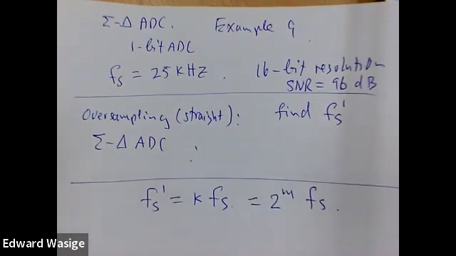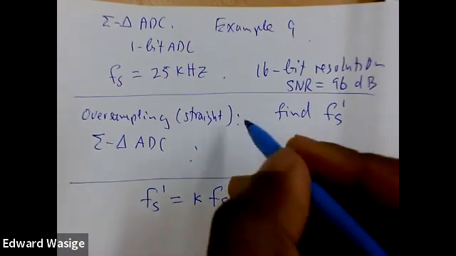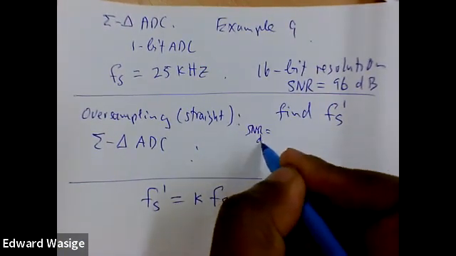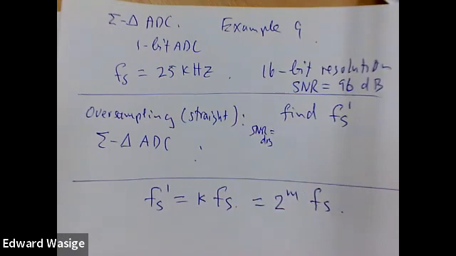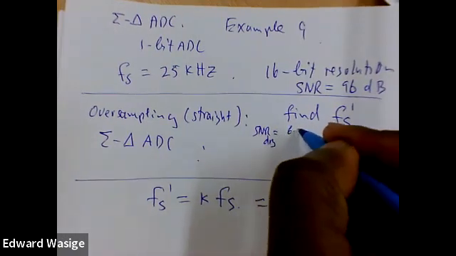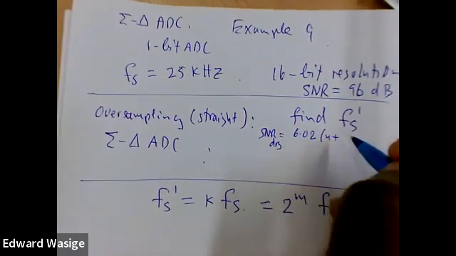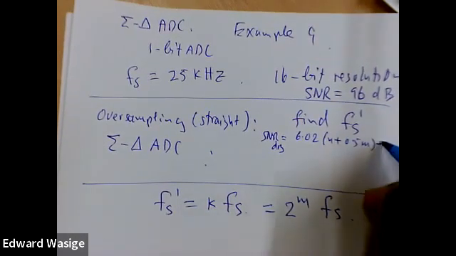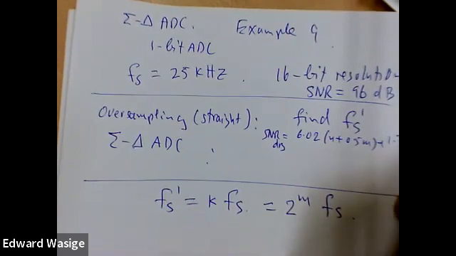For straight oversampling, I'll just write the equation from the handout. The signal to noise ratio SNR in decibels is equation 109 in your handout, which is 6.02 n plus 0.5 m plus 1.76 dB.